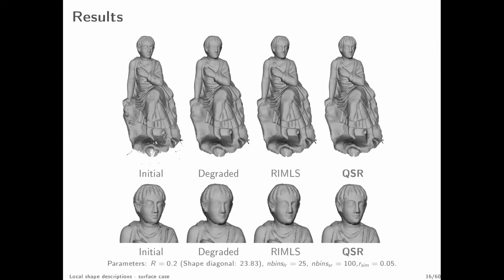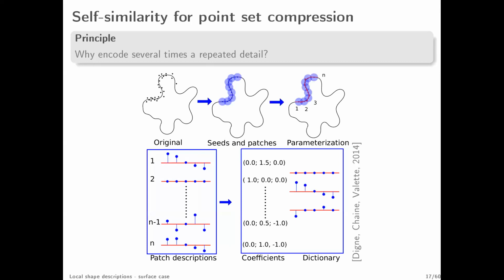Okay, so now we know how to improve a shape, like denoise it or make it better. But there's also a huge problem we can tackle: the question of how can we encode these shapes? Because having a lot of points is, of course, memory intensive.